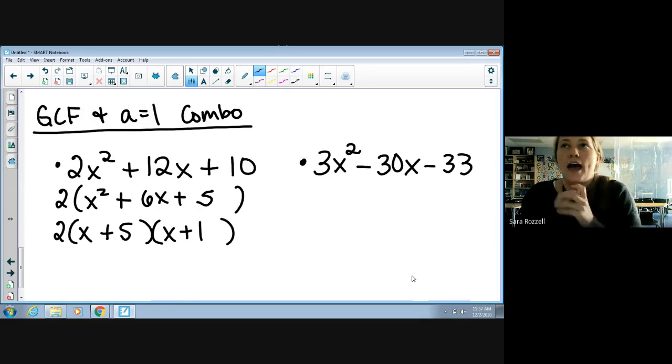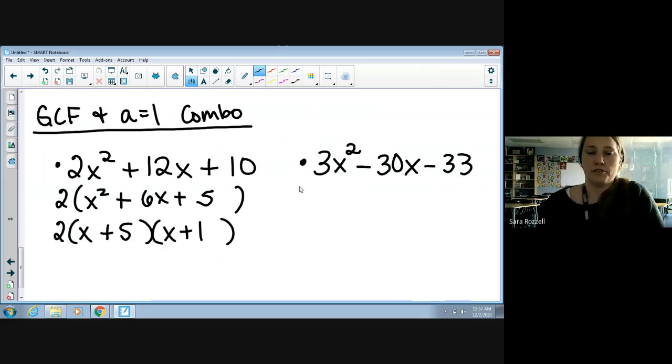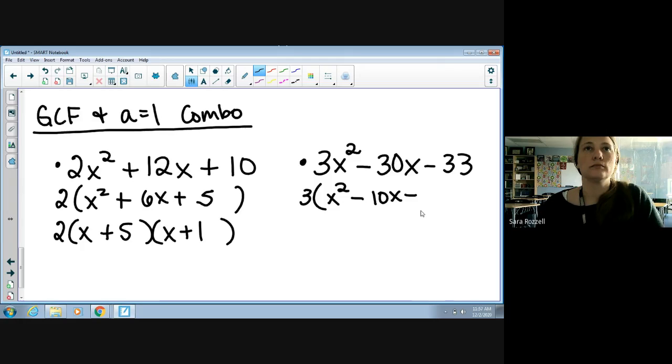Is there something that can come out of all three of these terms? Anything that can divide out of all three of them? Yes, the number 3. Good. And that's x squared minus 3 times what is 30? 10. Good. Minus 3 times what is 33? 11. Okay. So now we got to work with what we have on the inside.